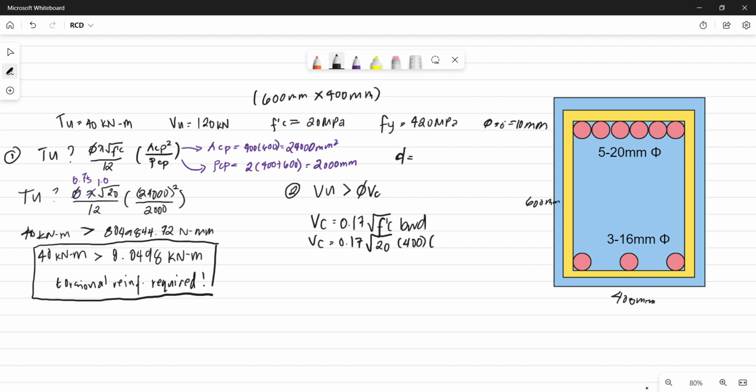Your effective depth is equal to 600 minus your stirrups, 40 minus 10, minus 10 over 5, 55.